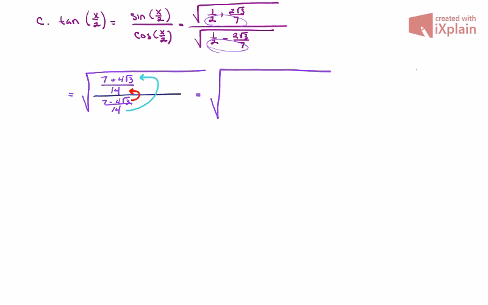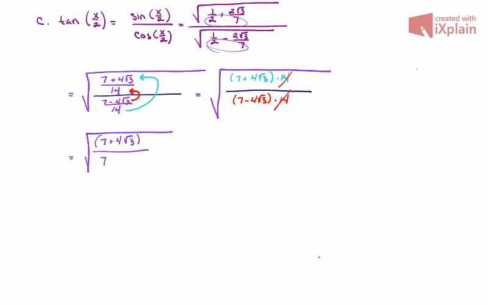I'm going to have 7 plus 4 root 3 times 14, all divided by 7 minus 4 root 3 times 14. As you can see, these will cancel each other out now. And I'm left with the following solution. 7 plus 4 root 3, all divided by 7 minus 4 root 3.